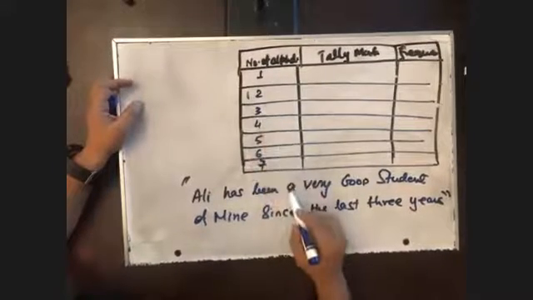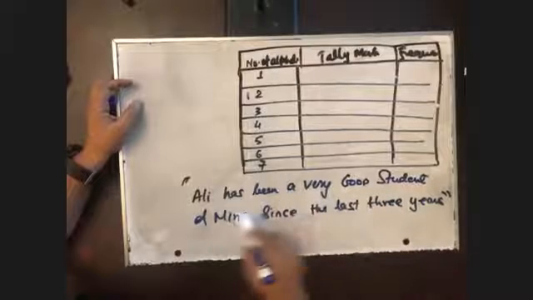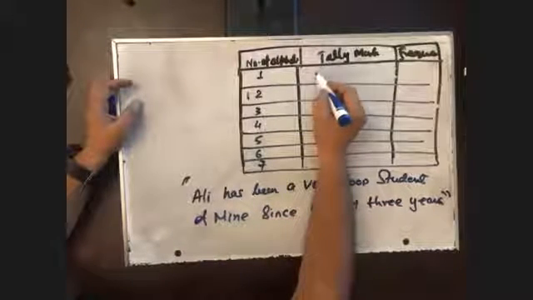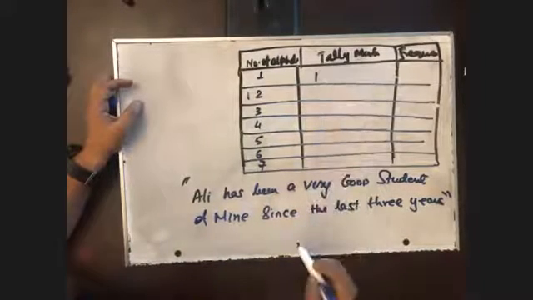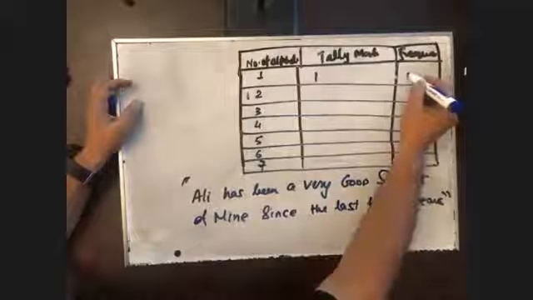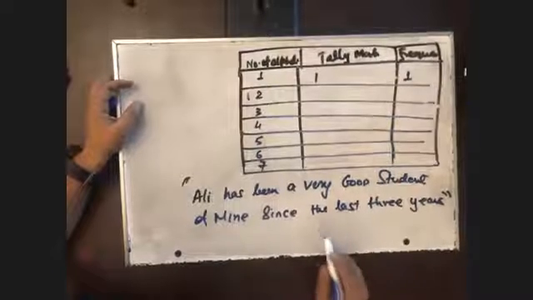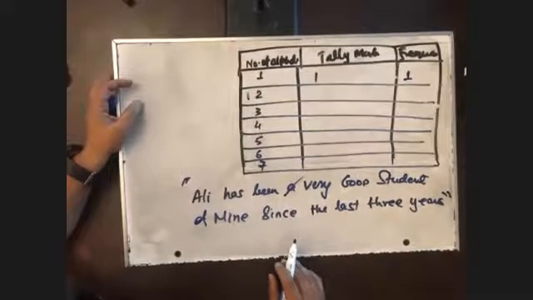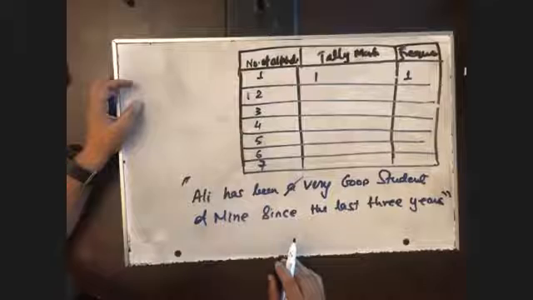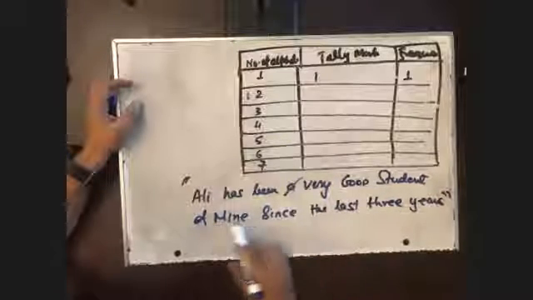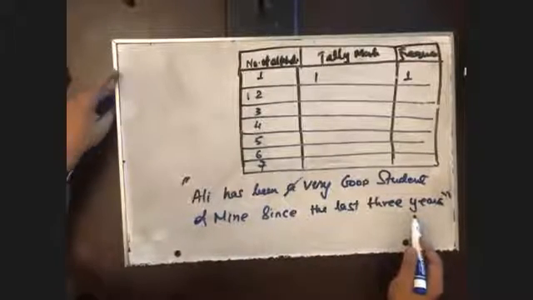Now let's look for one alphabet words. One alphabet. A, just one. You do a tally mark here and the frequency is 1. Two alphabets.